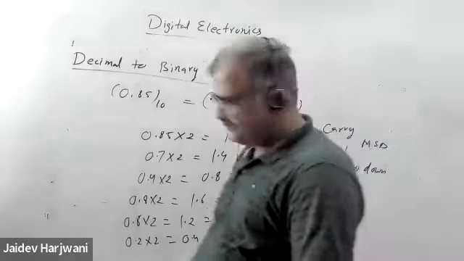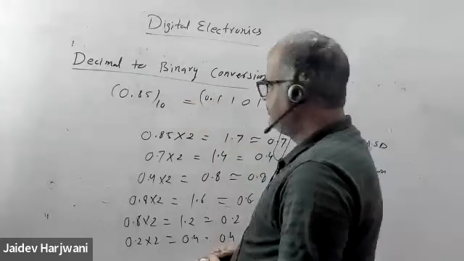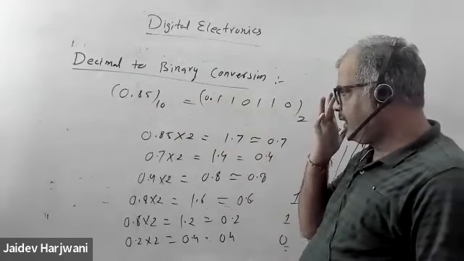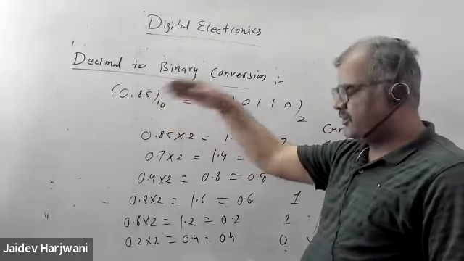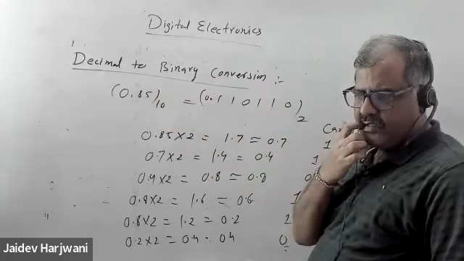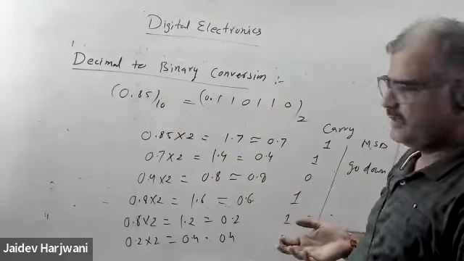So in this way we can convert to any number system. Here I have converted decimal into binary. If you want to convert decimal into octal, then instead of 2 there will be 8. You have to do successive division by 8, and multiply the fractional part by 8.